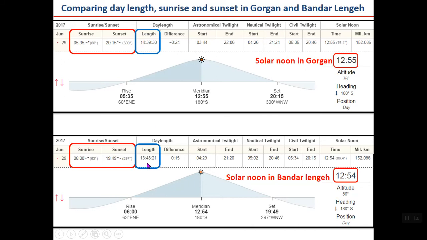But the sun position, or sun apparent position, for these two cities, as I explained before, is the same. For example, the solar noon in Gorgan, for this special day, is the same as the solar noon in the other city. Solar noon is the time of Azan, when the sun is exactly in the middle of the sky. You can see that for both it is the same, but the day length is different for these two cities.